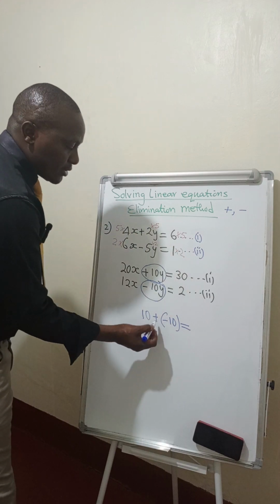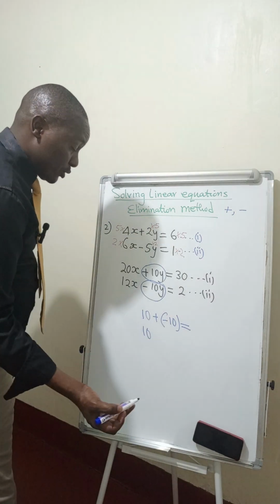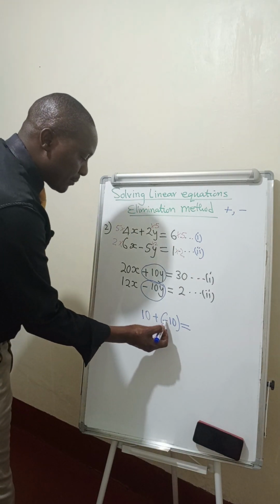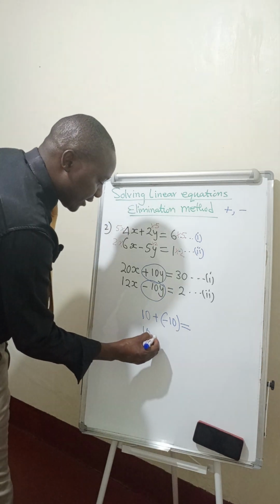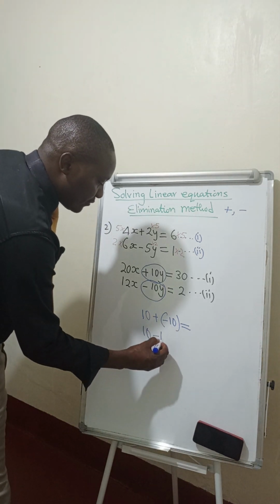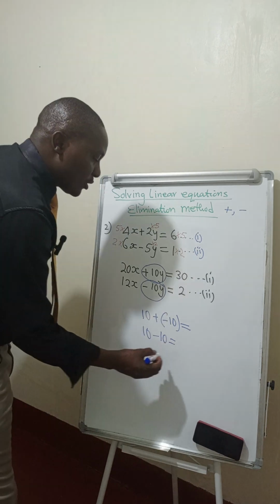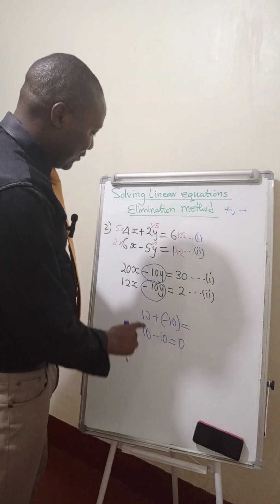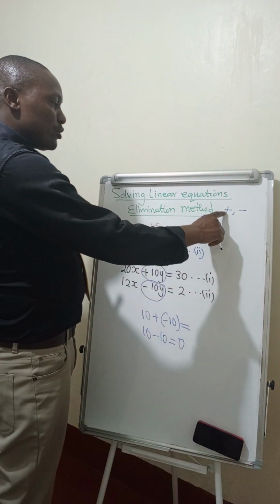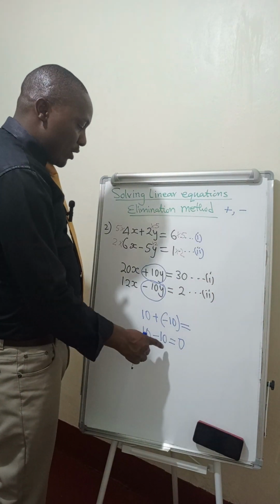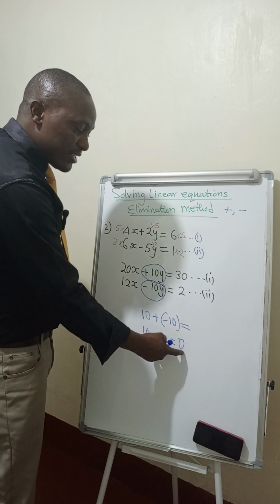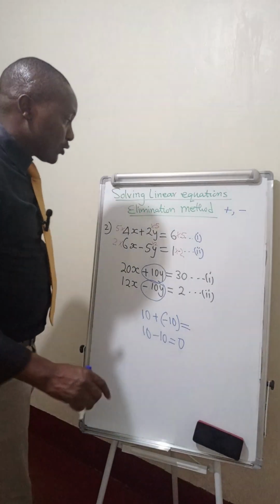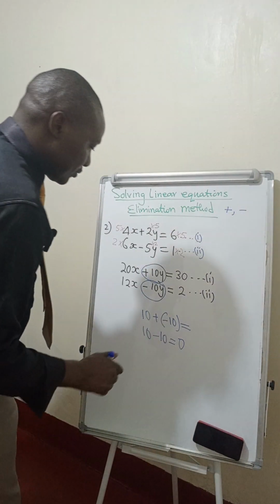To open this bracket, bracket means multiplication. Positive times negative, I'll get negative. So negative 10. And this one will give me 0. So my learner, have you seen this? If I use addition, I will eliminate this. I will get 0. Let's try to use subtraction.